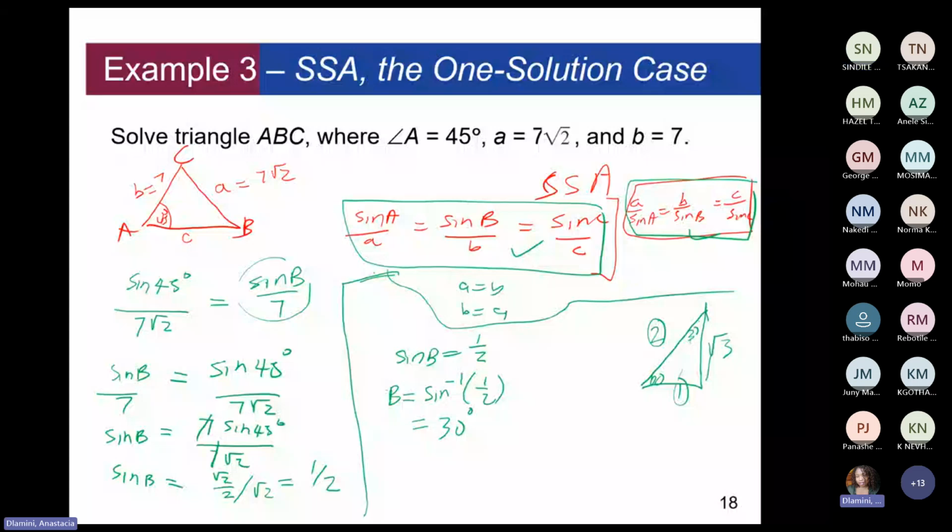Let me repeat. Because we are focusing on triangles, this answer is correct. If we're looking at the inverses of sine, for example, if I was saying find arcsine of 1/2, then your answer will be 30 degrees because I know the restriction is between negative 90 degrees and positive 90 degrees.